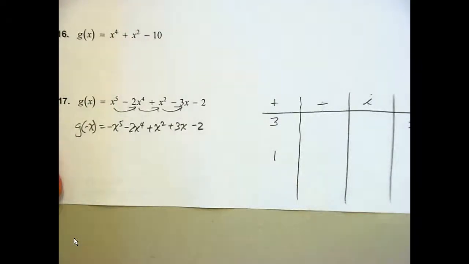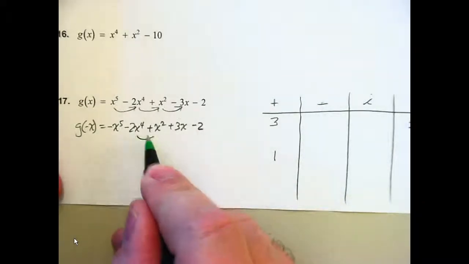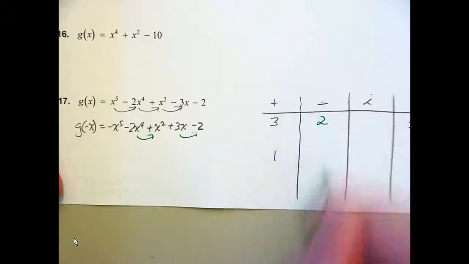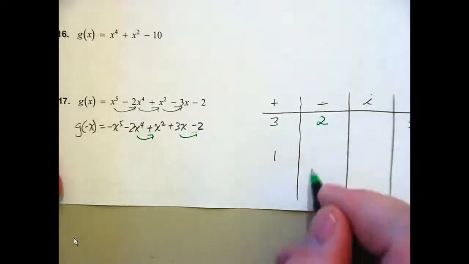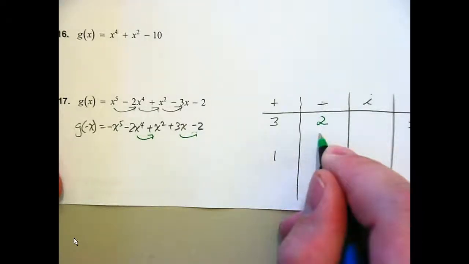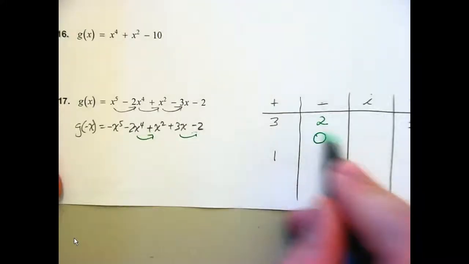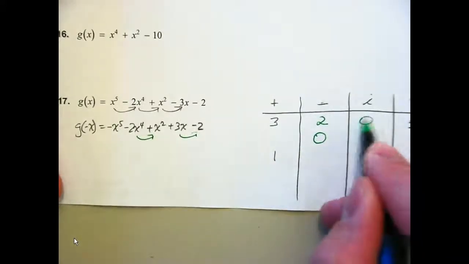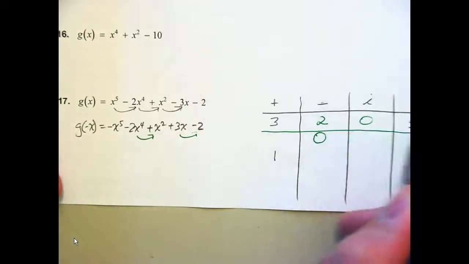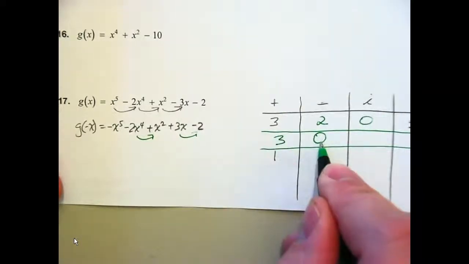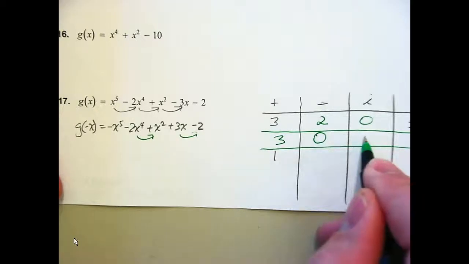Yeah, it's 2, right? So switch signs here and then there. Now, when you have 2, if I decrease by an even, what's that give me? 0. So you also have to have 0. Okay? So I have 3, 2, and what makes 5? Well, that's 0. That's one set. Well, then I could have 3 and no negative reals. And how many imaginary? 2.